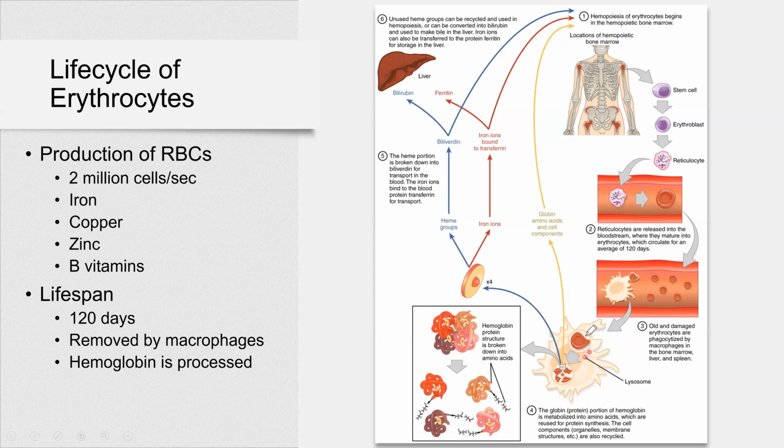Now what's going to happen with these products of digestion within the macrophage? Everything that we can, we will recycle. Remember that most of the volume of red blood cells is occupied by hemoglobin.